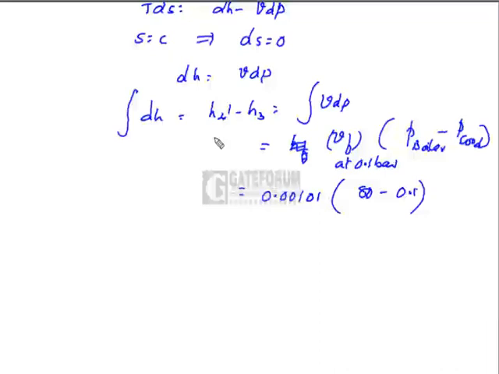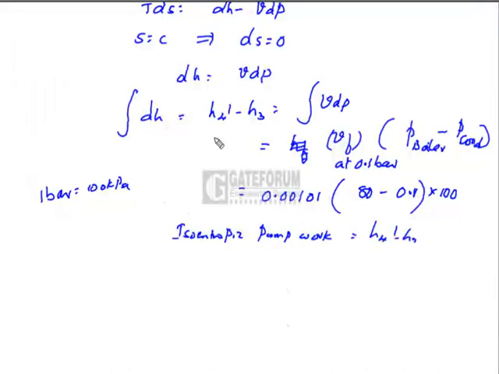They are in bar, we have to convert into kilopascal because 1 bar is 100 kilopascal. From this we can calculate isentropic pump work, that is H4 dash minus H3.